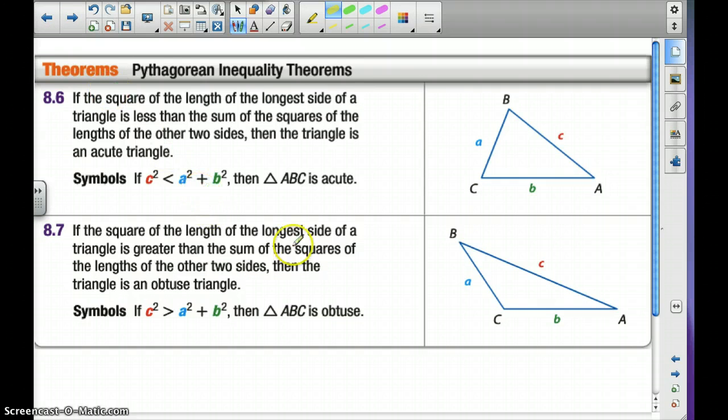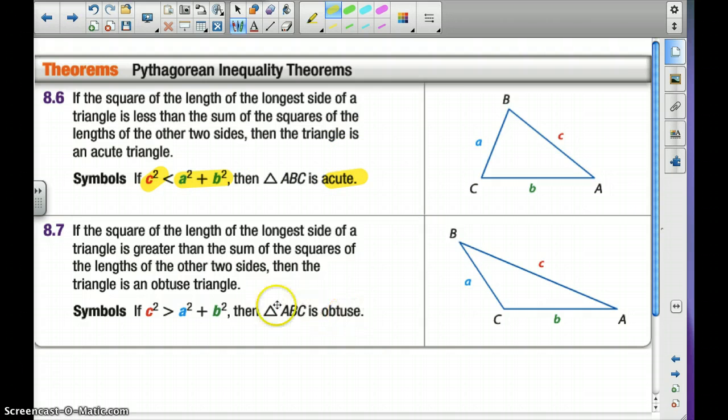So now, what happens if two sides, when you square them, is greater than the other side? So the opposite side is less than the two adjacent sides squared. Then we can say it's acute.